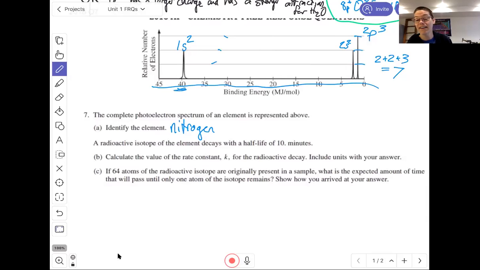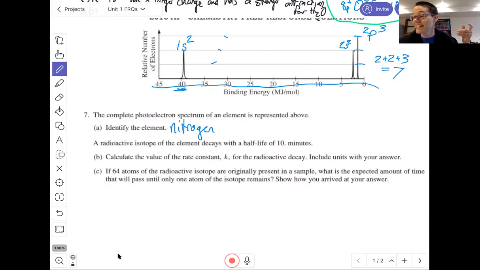Now, this was a question that frustrated people when it came out two years ago because parts B and C seem really forced. This is kinetics shoved into the end of a photoelectron spectroscopy question.